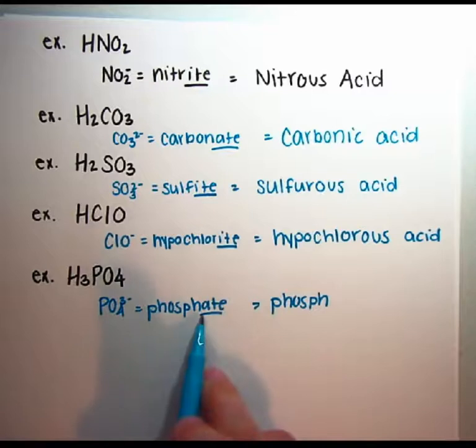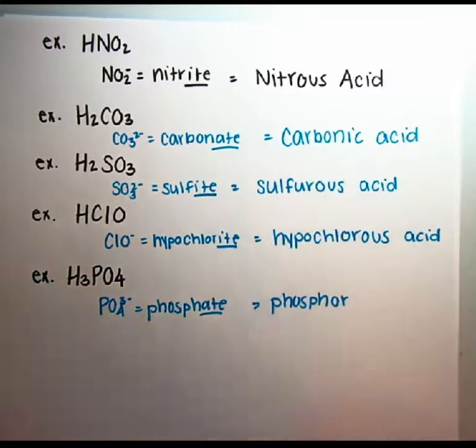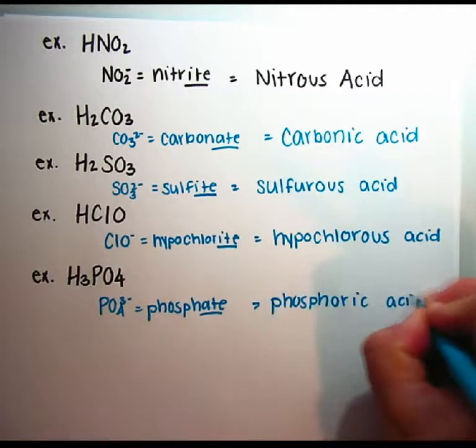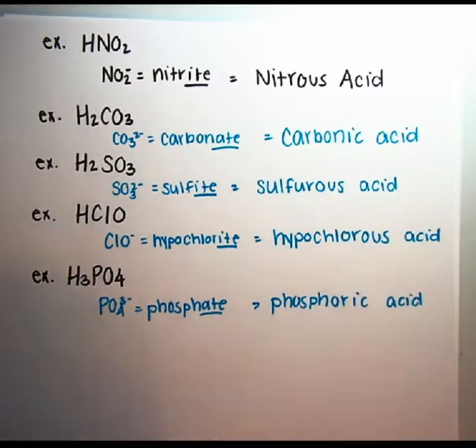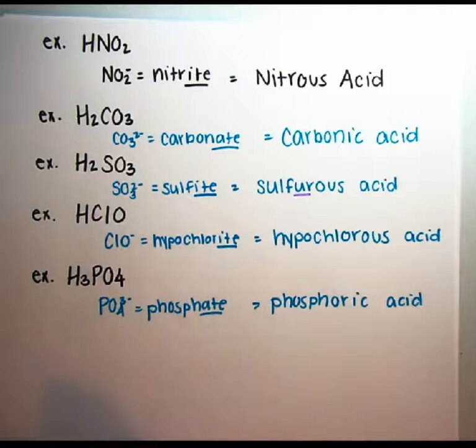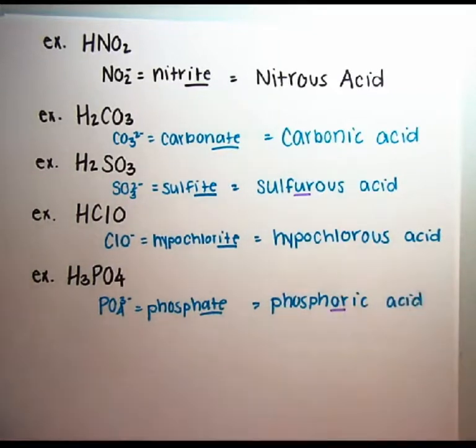I'm going to drop the ATE, but I'm going to add an OR back in first. Since it ends in ATE, the acid will end in IC. So phosphoric acid. So be careful with sulfurs. We add the UR back in. Be careful with phosphorus. We add the OR back in.